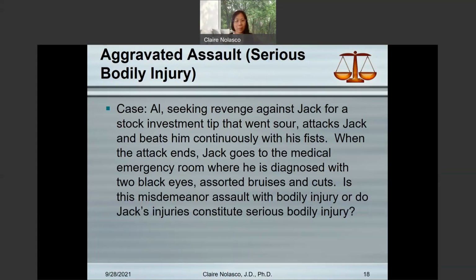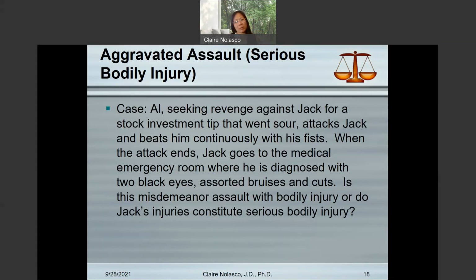Let's look at this case. Al, seeking revenge against Jack for a stock investment tip that went sour, attacks Jack and beats him continuously with his fists. When the attack ends, Jack goes to the medical emergency room where he is diagnosed with 2 black eyes, assorted bruises, and cuts.